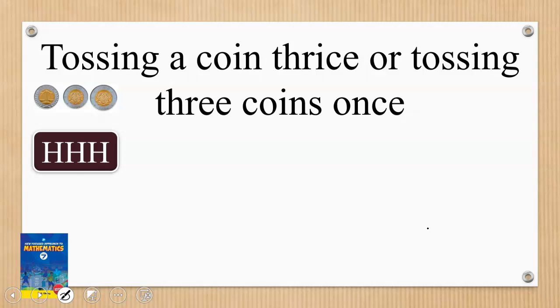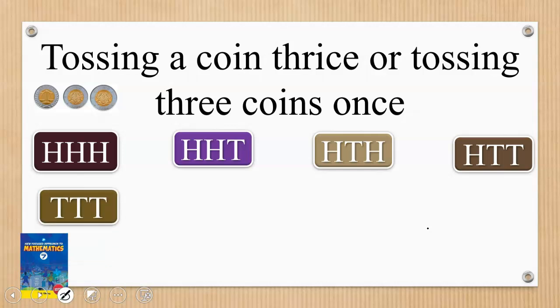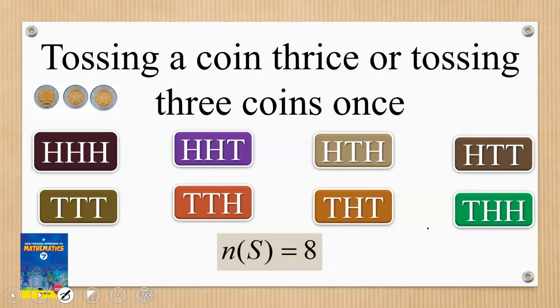All the 3 coins appear head, or the first will appear head, second head, third tail, or first head, second tail, third head, or head tail tail, or tail head head, or tail head tail, or finally tail tail head. So these are the possible outcomes if you toss 3 coins. Either you get all of them appearing tail, or the first one will come as tail and the last will come as head. Now the number of sample space here becomes 8.